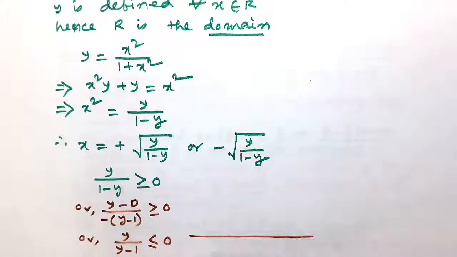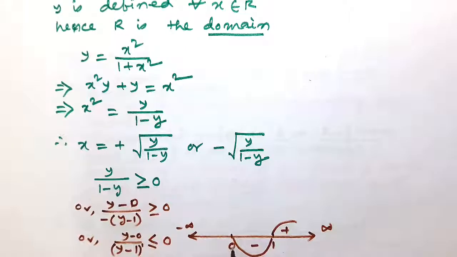So we draw a line, negative infinity to positive infinity. Critical points are respectively 0 and 1. This one is positive. 1 is a critical point, so the factor is y minus 1. Its power is 1, an odd number, so you have to change the sign.